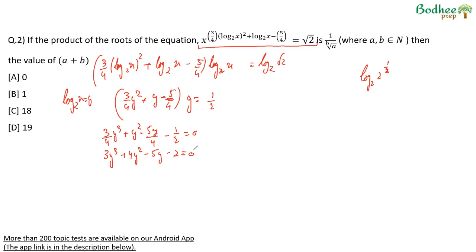If we put y as 1, 3 plus 7, 5 minus 7, y equal to 1 will give 3 plus... so y = 1 is one of the roots.